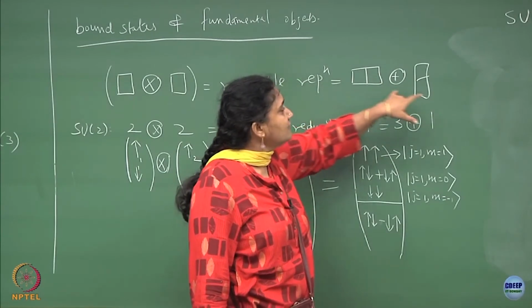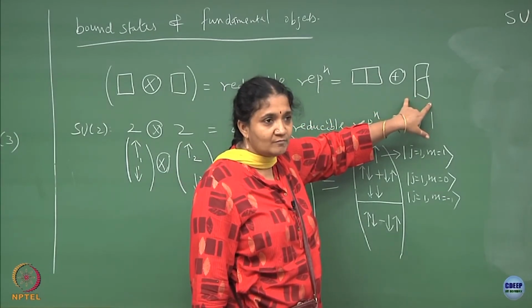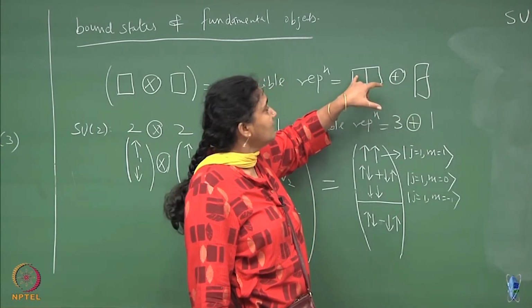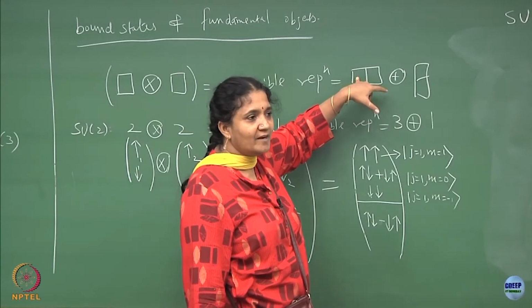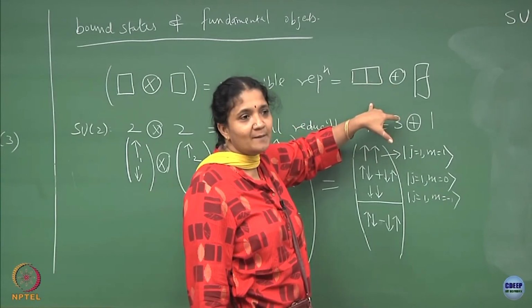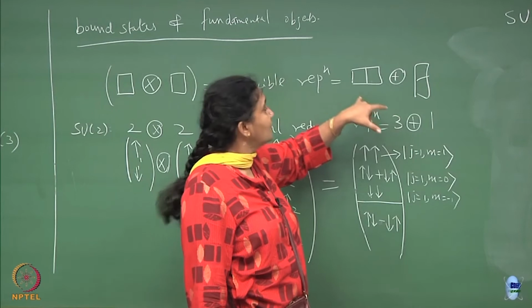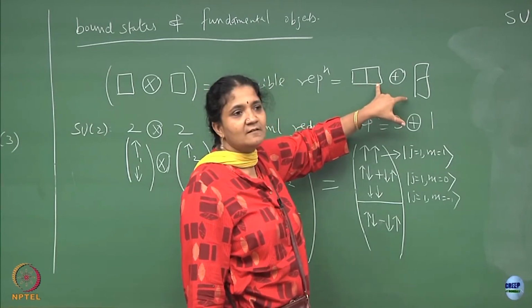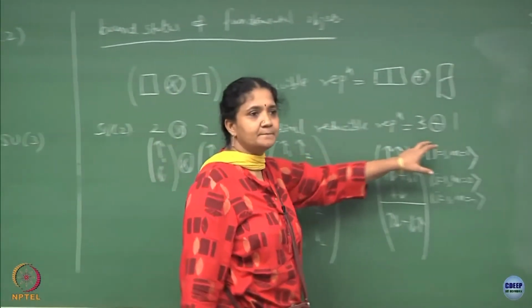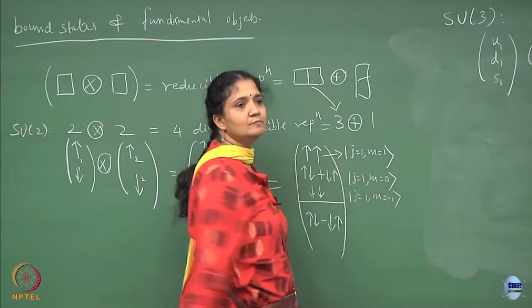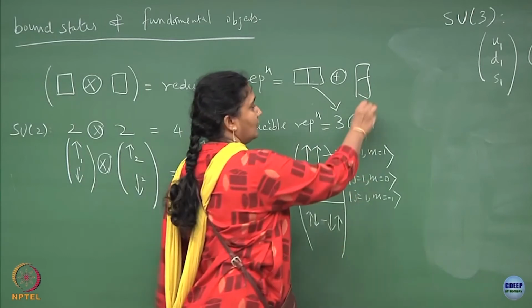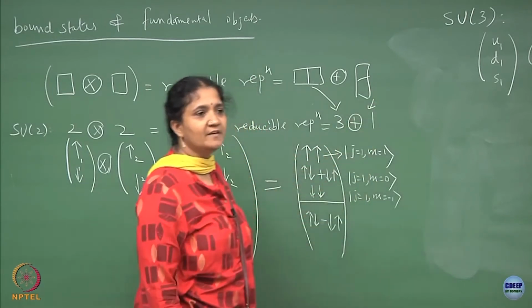What are the dimensions of them? That also we have worked out. For SU2, if you work out the dimension, the first box should have numerator value 2, second box will be 3, and the hook number is the same as what you did in your symmetric groups. So, the dimension of this piece is 3. And similarly, the dimension of this is 1, which is the trivial representation or the singlet.